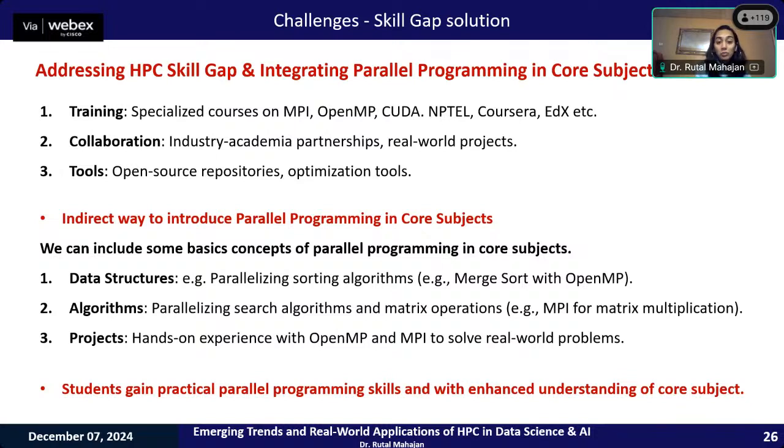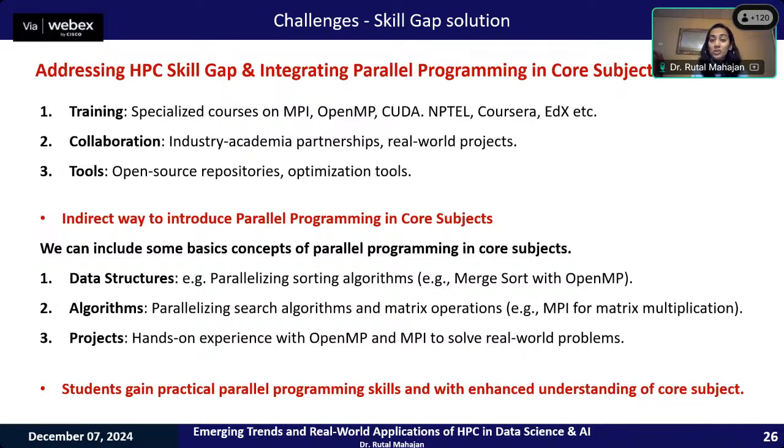Another indirect way to introduce parallel programming is through the core subjects. This is what I did over here in my university. We have the flexibility to introduce some topics of parallel programming into the core subjects.